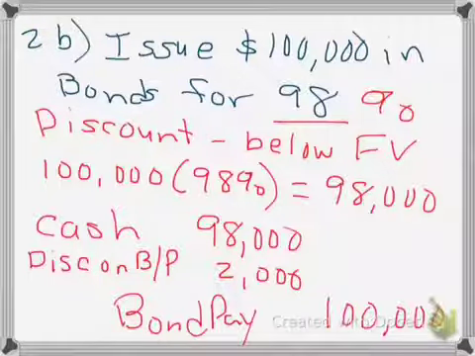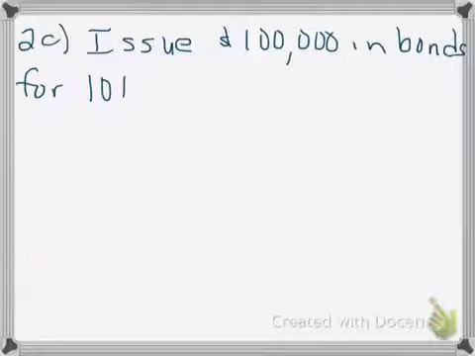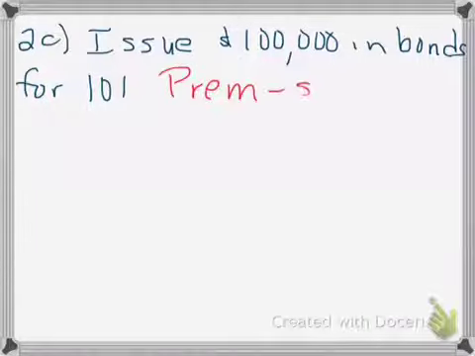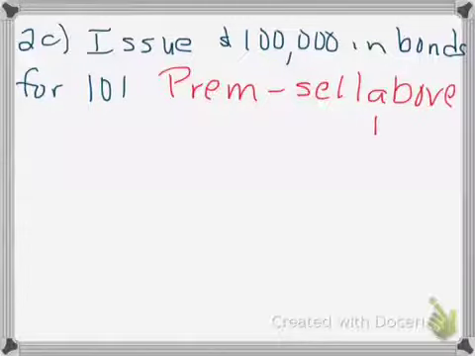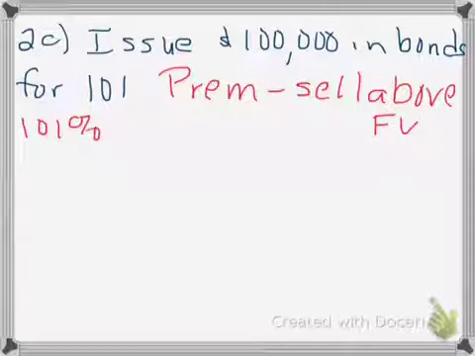The last journal entry for bonds deals with a premium. So a premium is when we sell above face value, so above that $100,000. What we see here is that 101 means 101% is what we're selling it for.